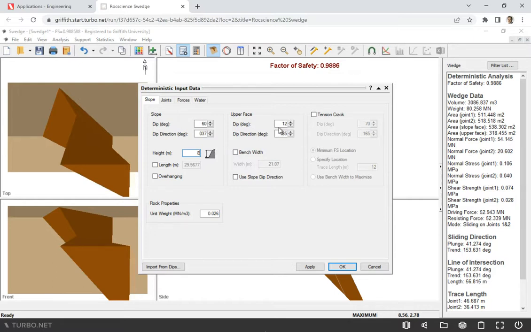In this case, we measured it was about 10 degrees, and the dip direction is the same as the direction of the slope because it's part of the same slope. For the unit weight, we use what's given here. Sorry, the density was 2.6 tons per cubic meter.